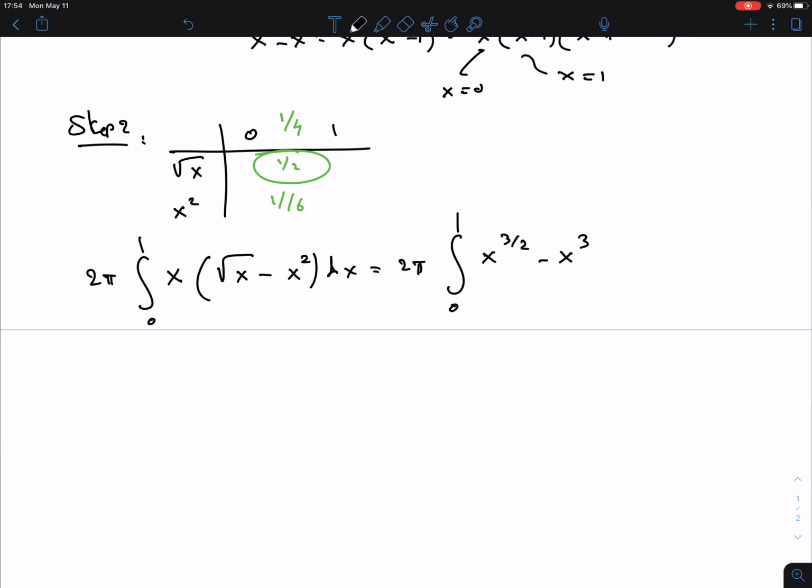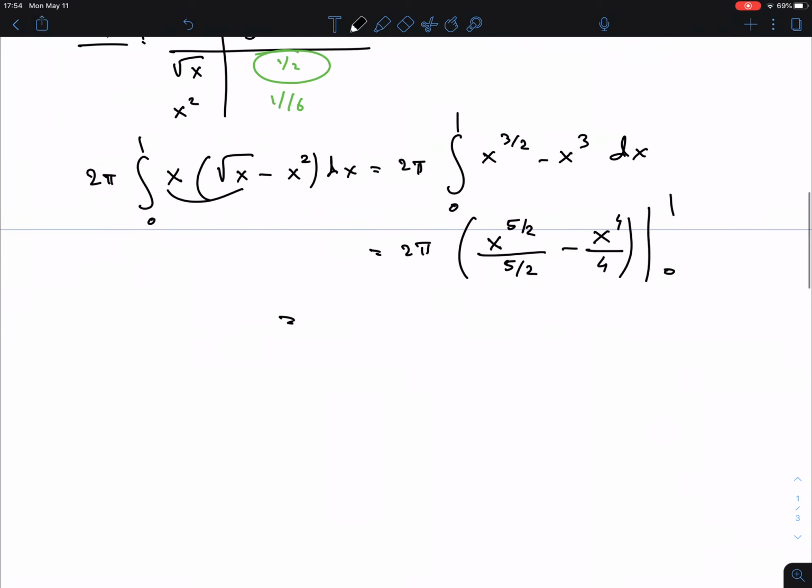If you expand, this thing has exponent 1 plus a half, so 3 halves. Now it's just a matter of adding 1 to the exponent, so that is 5 halves, and dividing by that exponent, minus x to the 4th over 4, between 0 and 1.